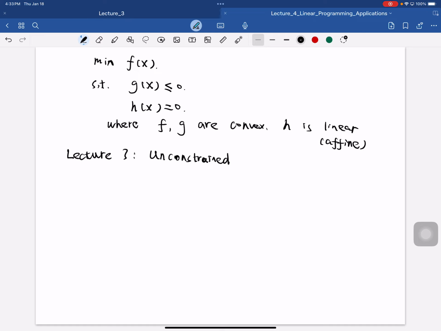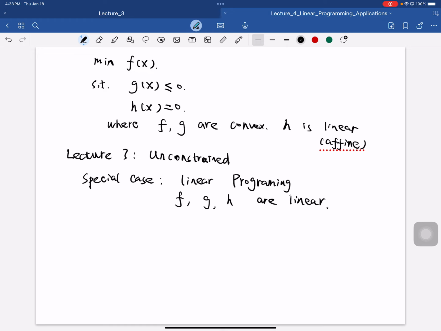So in the next few lectures, we are going to cover some special cases of this convex optimization problem. The first special case we have is so-called linear programming. Right? So that means the f, g, and h are all linear functions.